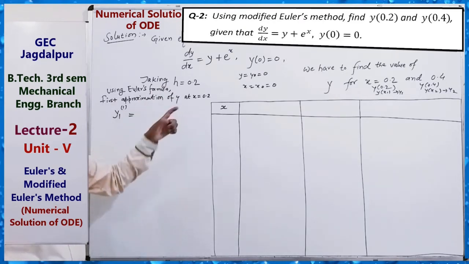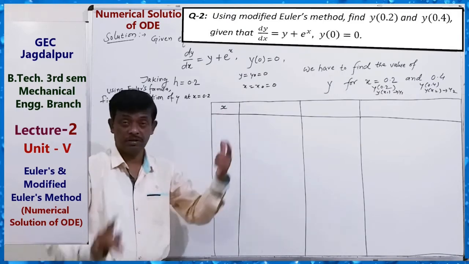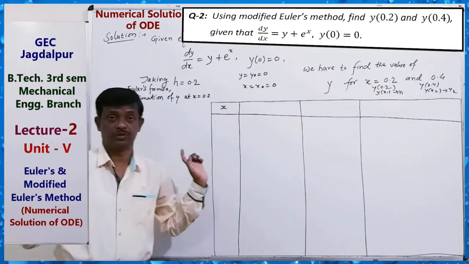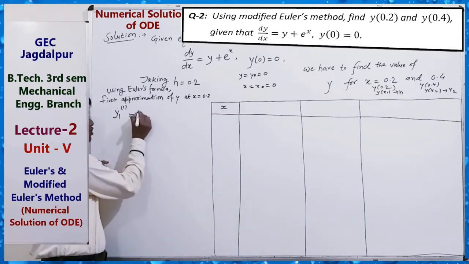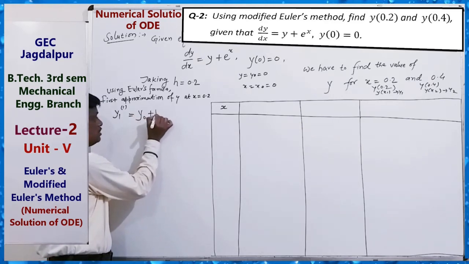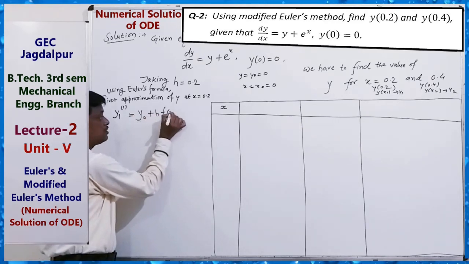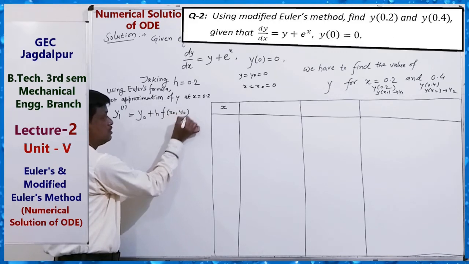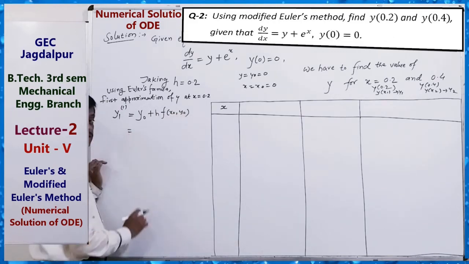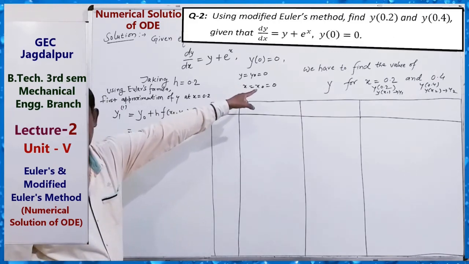In each interval, the first approximation uses Euler's formula. So Euler's formula: y1 equals y0 plus h into f of x0, y0. Clear? So here the first values are 0, 0 both.